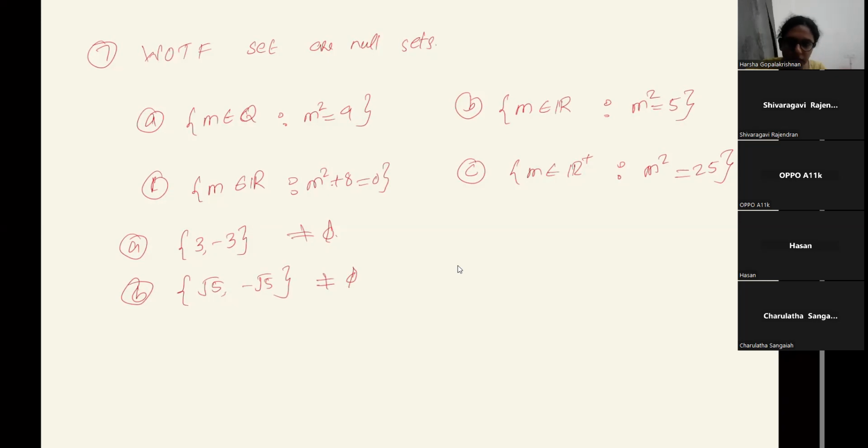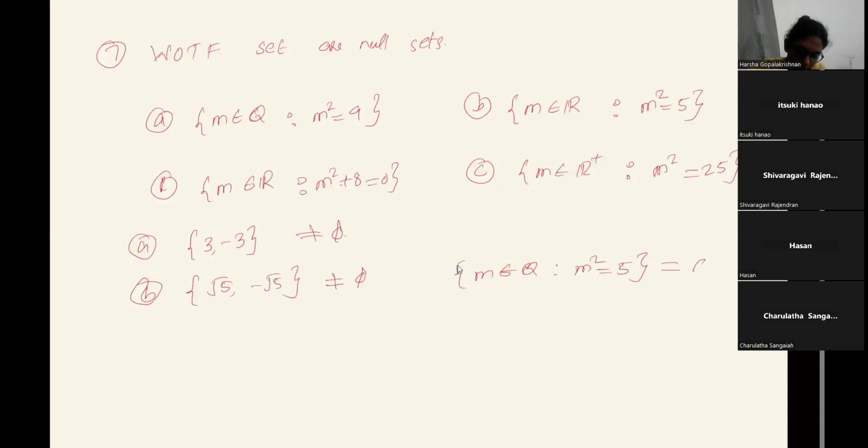If it is given that set of all M in Q such that M square equal to 5, then what will be this set? It will be an empty set, ma'am.